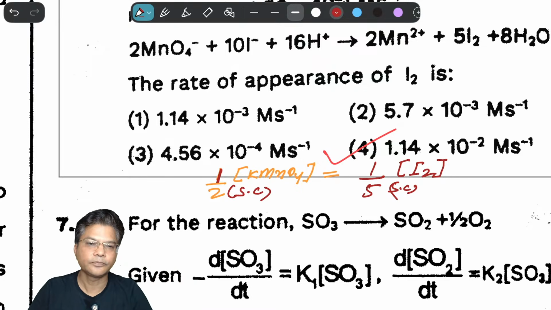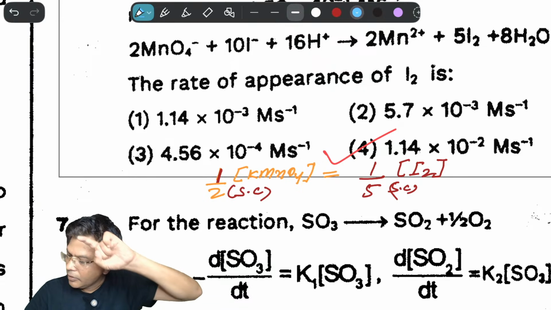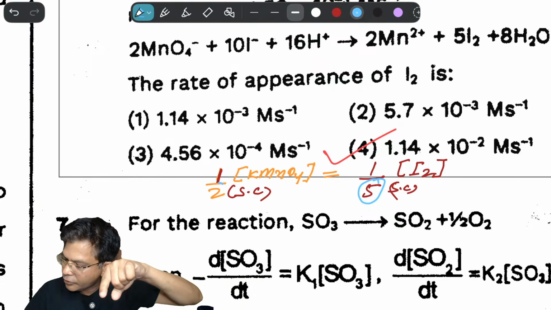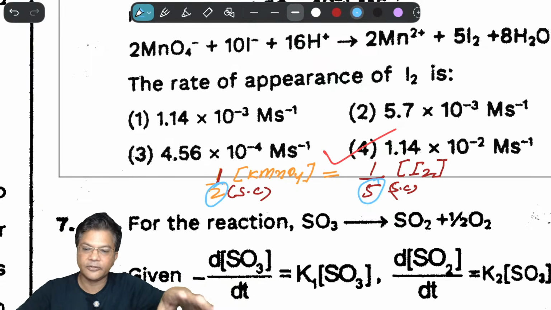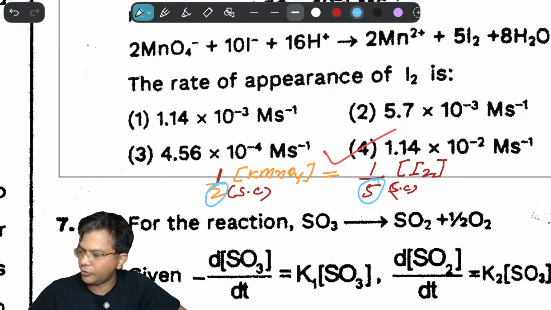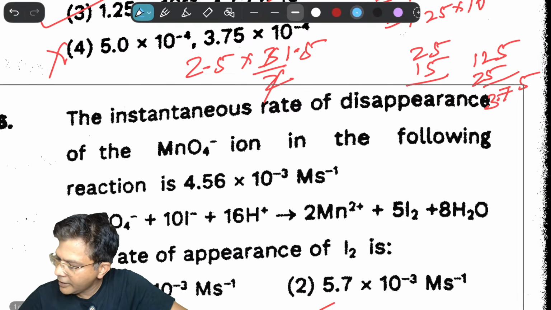Now see, everyone. This 5, if I do the cross multiplication, its stoichiometry will become its n factor, and its stoichiometry will become its n factor. You know that mole concept, the law of equivalence I taught you. The law of equivalence was n into n factor.